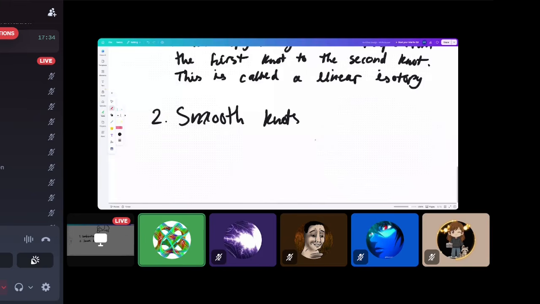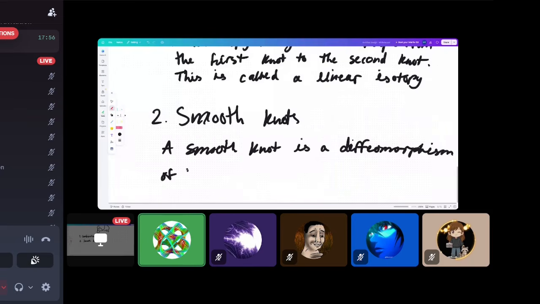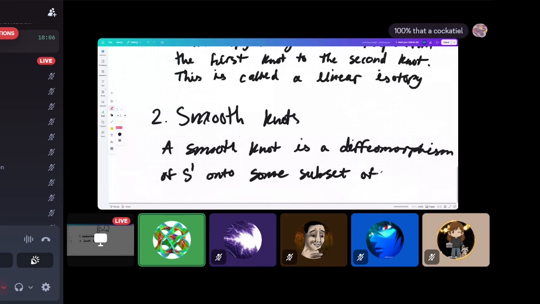Okay, a smooth knot is a diffeomorphism of S1 onto some subset of R cubed.